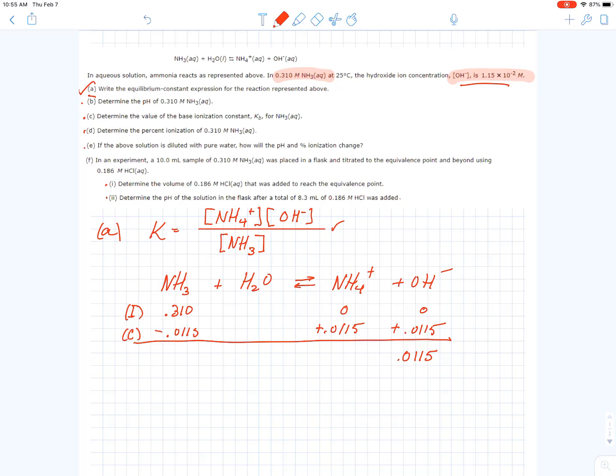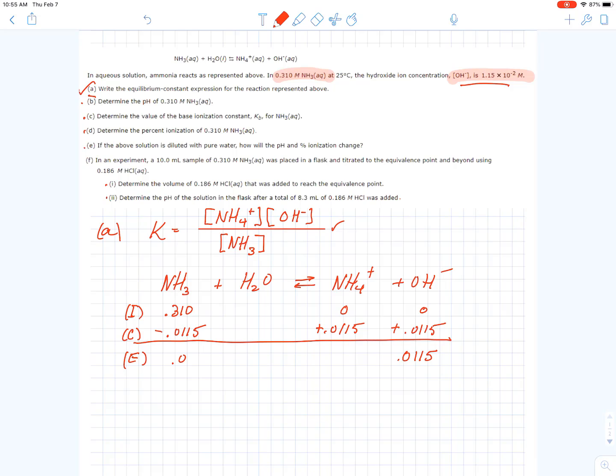At equilibrium, you're going to have the subtraction of the amount of ammonia that ionized. I'd get a calculator out to do this just to make sure that you don't mess up a subtraction. You know, on a test, you're sometimes under pressure, and even a simple subtraction can be a slight slip-up that can mess things up. So get the calculator out, double check.